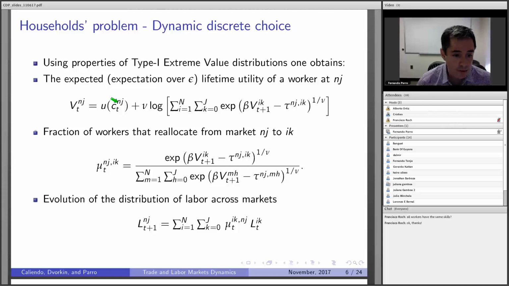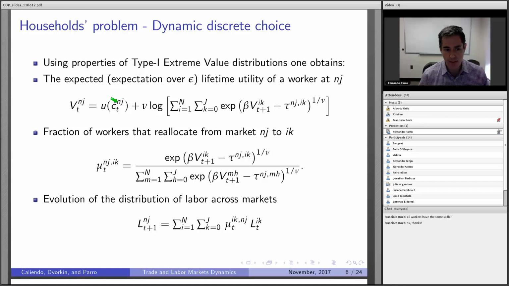Current consumption, and then a second term, which you can show is associated with the option value of migration.